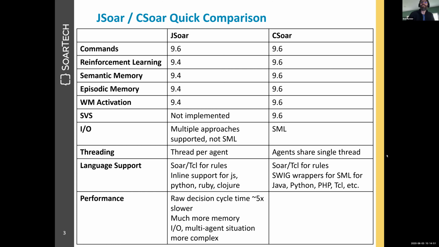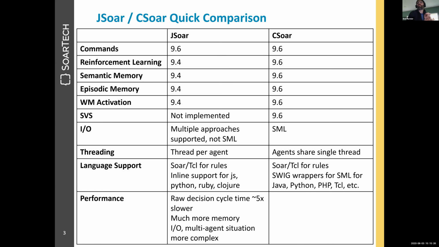And then threading: in CSoar, every agent in the kernel shares the same single thread, whereas in JSoar you can do that if you want to, but you can also have a thread per agent, and that's how we would typically do these things. Language support is interesting. They both support Soar and Tcl for rules, and I'm not going to get into why you would use Tcl here. That will be in my next talk.